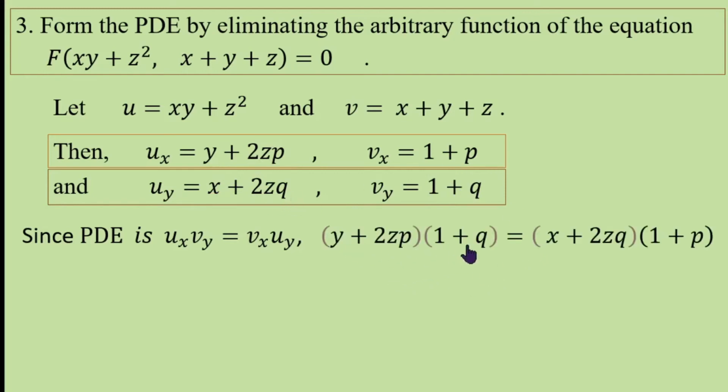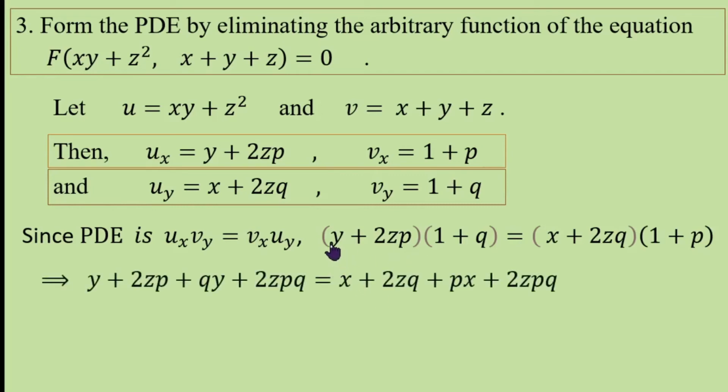First y multiplied by 1 and then q. So y into 1 is y, and then 2zp into 1 is 2zp, plus qy, plus 2zpq. Right hand side: x into 1 is x, 2zq into 1 is 2zq, and then x into p, that is px, plus 2zpq.